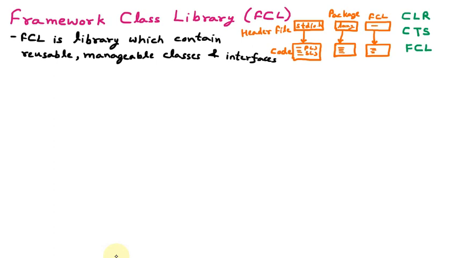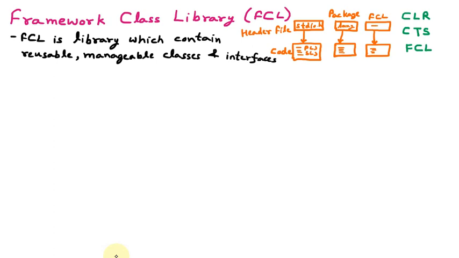Now what are classes? We know that in object oriented programming we combine the functions and the variables, and that is called a class. These classes are reusable, meaning we can create a class and provide it to others, and they can also use it. That's why they are called reusable.